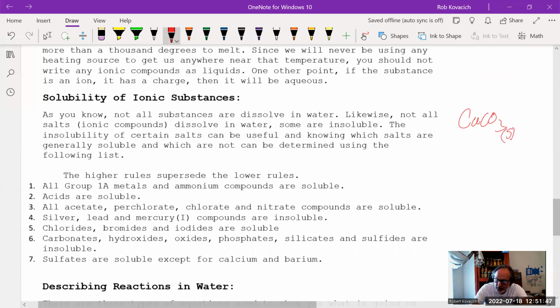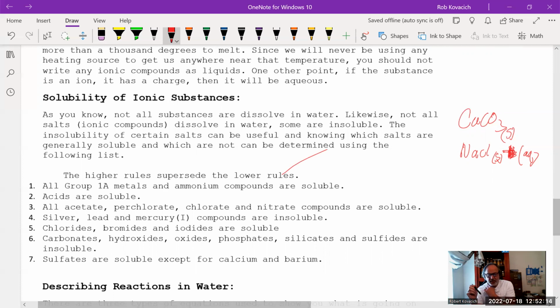It was a solid when I put it in there, and it stays a solid when it's in the water. So it's just a wet solid, but it's still a solid. On the other hand, table salt can be a solid, but once it gets wet, it turns into aqueous. It dissolves. The reason we need to look at this list is because we want to know what dissolves under what circumstances.